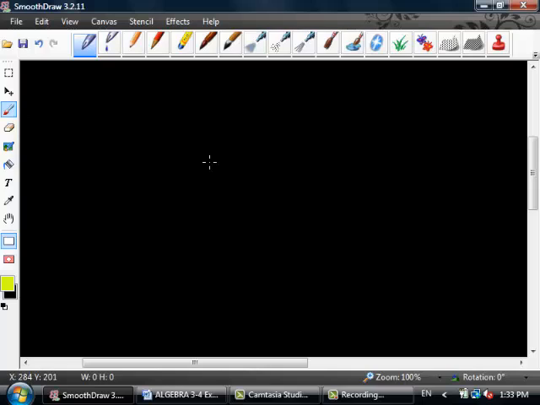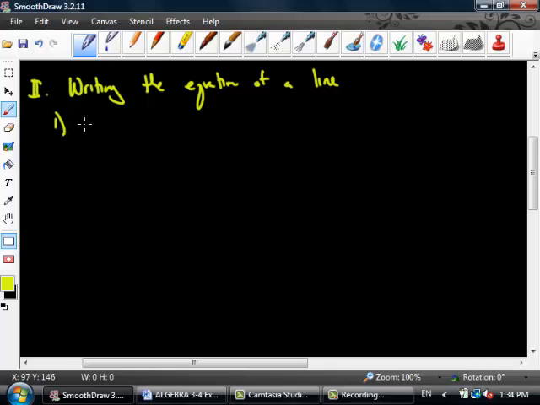All right. The next concept that's going to be covered on the quiz tomorrow is writing the equation of a line. I'll give you guys a few problems here. One passes through 8, negative 3 and 4, 1.